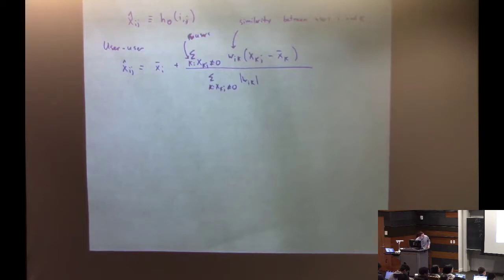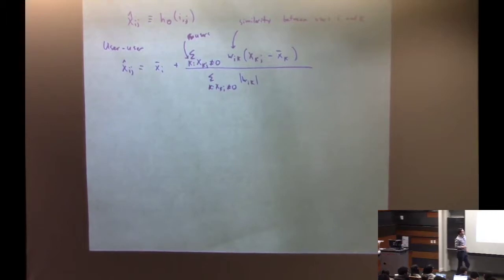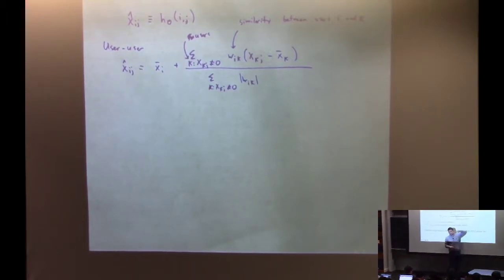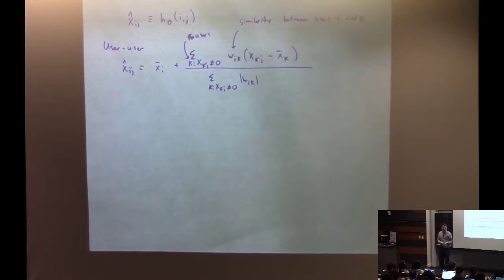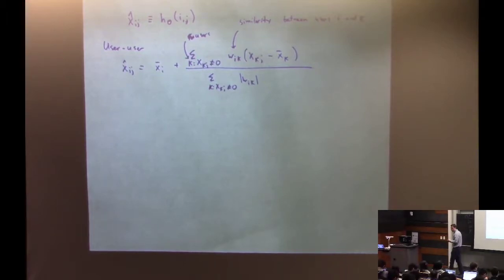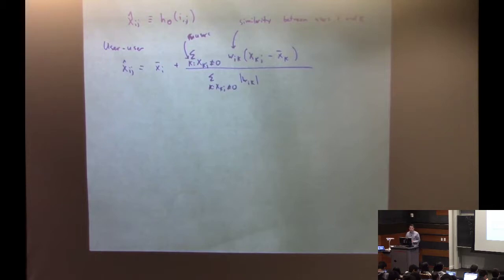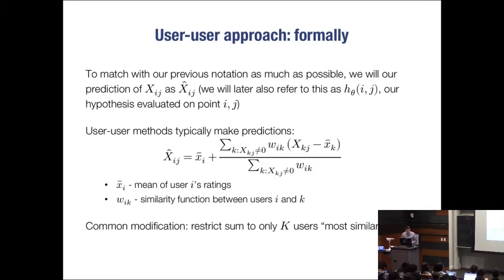I think it somehow didn't show up there. So you actually divide by the absolute value here because there can be negative weights. Someone can be really unlike me in every way, so I actually use their weight negatively. But I still want to divide by the sum of their absolute weights. That gives the total possible amount of weight they could contribute to this prediction. Okay, does that make sense to everyone? Yeah.